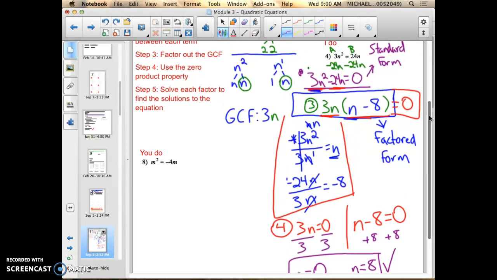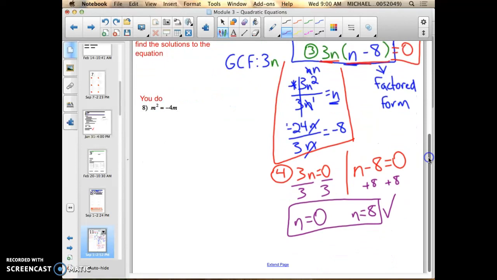All right, so if I were to graph 3n squared minus 24n in your calculator, it would cross the x-axis at 0 and 8. All right, so you learned how to graph or solve quadratic functions and find the x-intercepts or the solutions or the zeros. Now you're learning how to solve them by factoring as well.